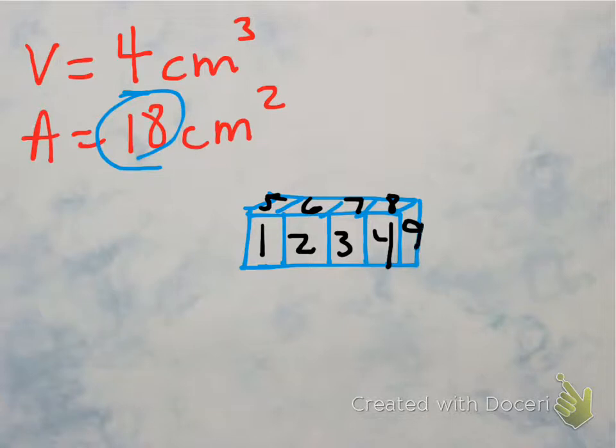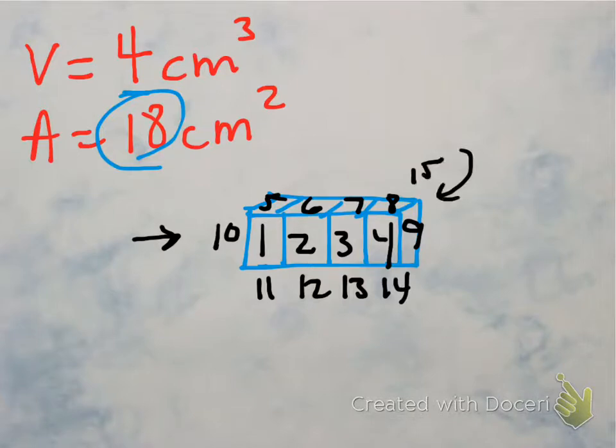Then the side one here, 9, and the hidden side here would be 10. The bottom would be 4 more, 11, 12, 13, 14. And then the back side would be 15, 16, 17, 18. So that would work. That could be one shape with the area of 18.